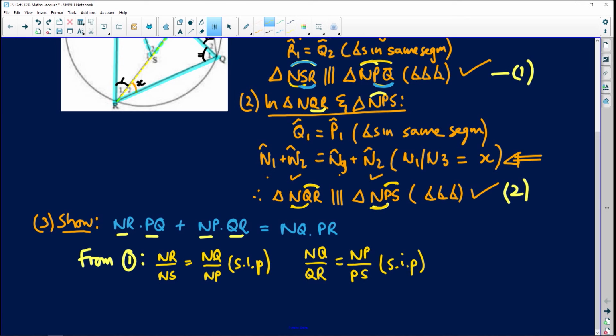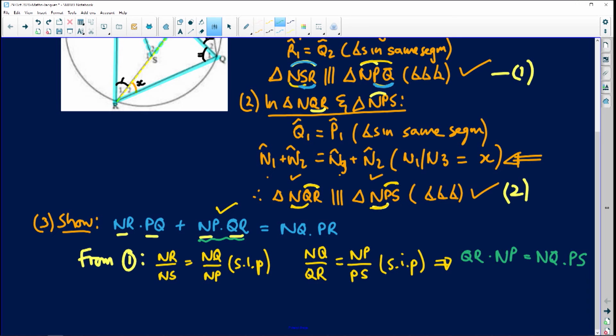Now let's see, NQ and PS, do I have QR and NP? Ah, there's that combination. So immediately from here, I can conclude, I'm going to write it in green, that QR multiplied by NP, which is this one, is equal to NQ times PS. That is as a direct result from this working over here.